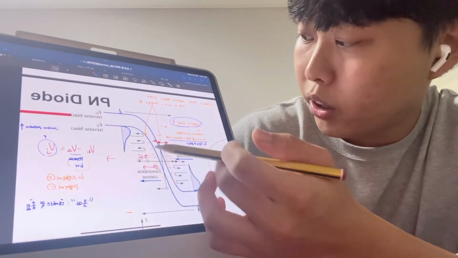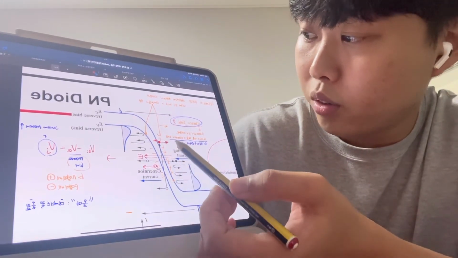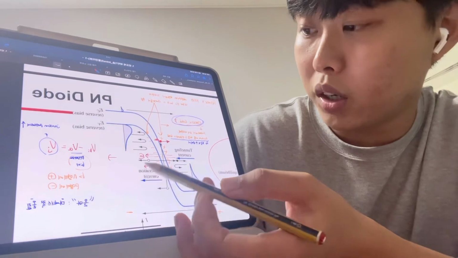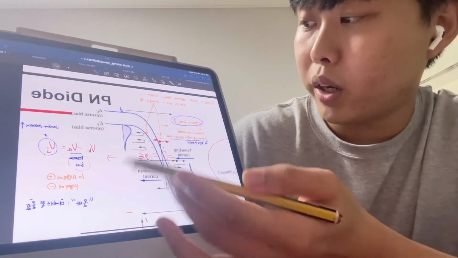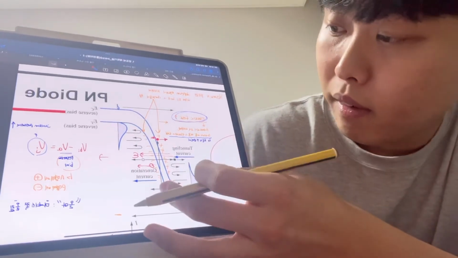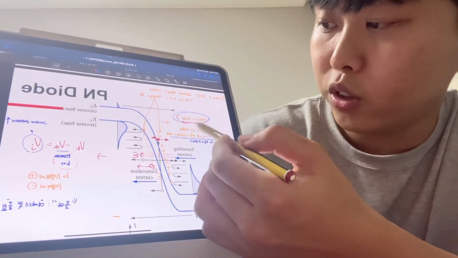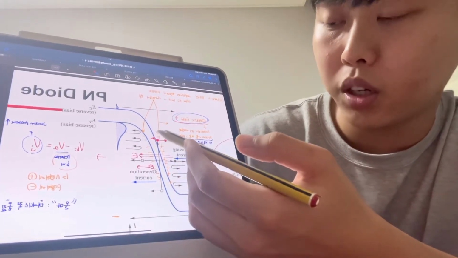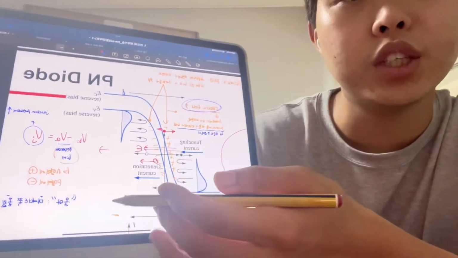And there will be a lot of built-in charges, because if you give a reverse bias, the depletion region will increase, and because of it, the electric field will be higher because the potential energy is high.